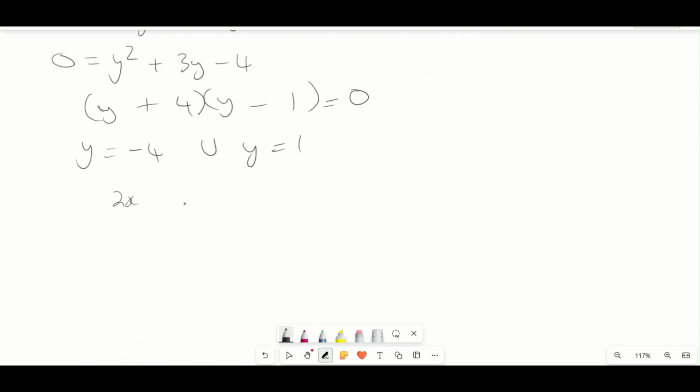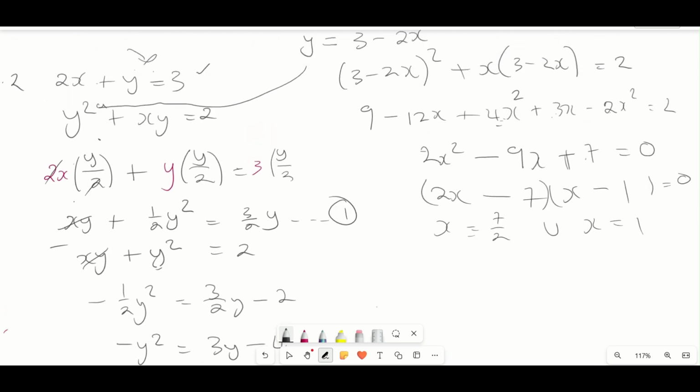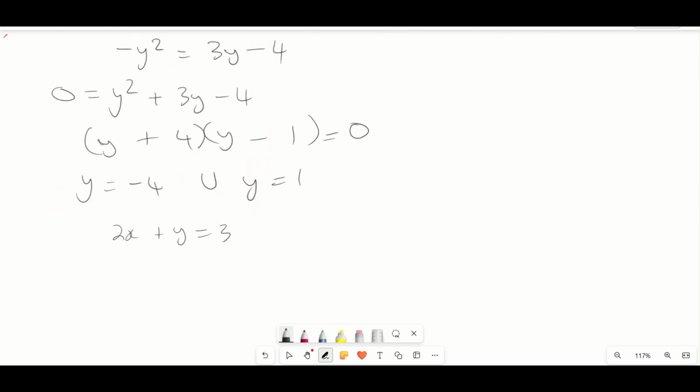2x plus y is equal to 3, right? So I'm going to substitute my negative 4 here. If I substitute negative 4 there, I have 2x minus 4 is equal to 3.